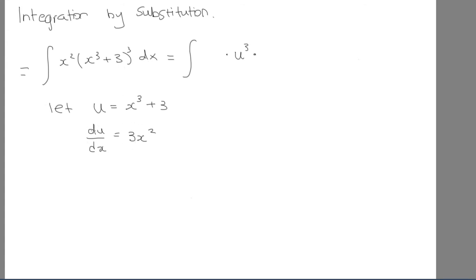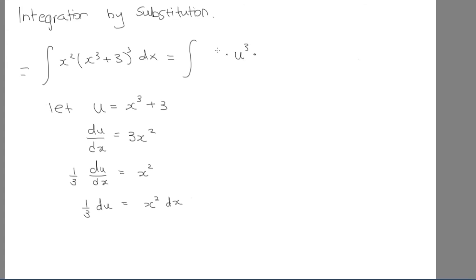So have a look at this part. I let this equal to u, and I differentiate it, and I get 3x squared. So that means 1 over 3 du dx is equal to x squared. Is that right? I just divide both sides by 3, then I get this. June, do you understand? And then let's just move this dx to the other side, then I get 1 over 3 du equals x squared dx, is that right?